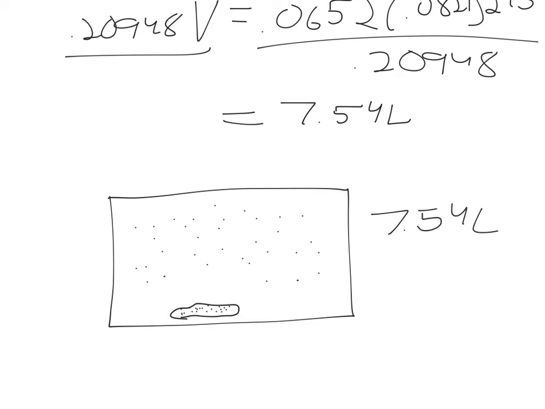Keep in mind that if we just fill this container with air, it's not pure oxygen. Remember, only this portion at the bottom, relatively speaking, is oxygen. Most of it up here is nitrogen. So we need a big container to get enough oxygen to burn all that ethanol.